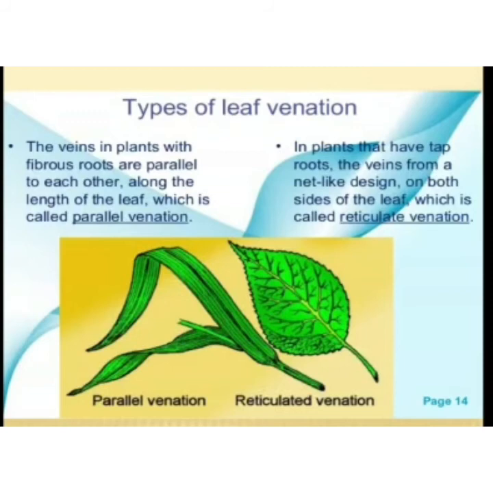And the next one is in plants that have tap roots. The plants which have tap roots have veins arranged in a net-like design, so we can say that it is reticulate venation. We have seen this in the diagrams also. This one, where the veins are in a parallel form, is known as parallel venation, and the reticulate venation is a net-like structure on the leaf.